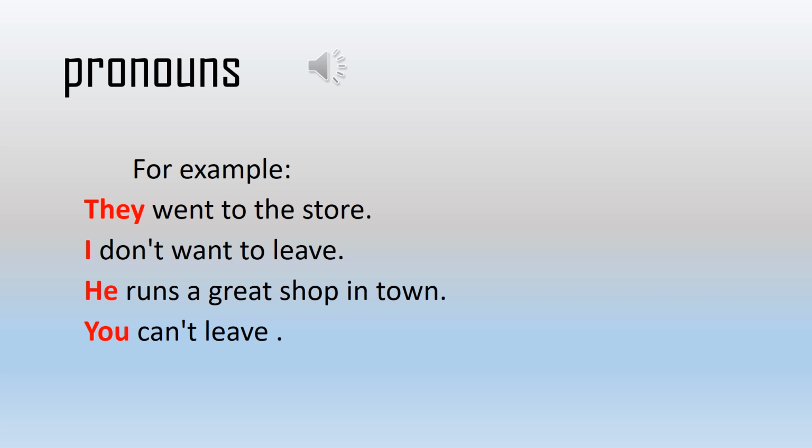I don't want to leave. He runs a great shop in the town. You can't leave. If you see the words they, I, he, and you, they are the subjects and the pronouns for these sentences.